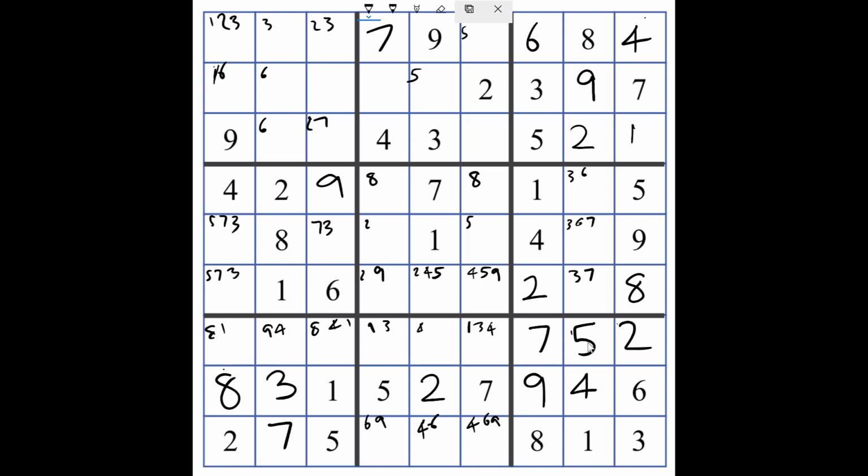I've got the number 5. Number 6 is missing, so that could go here, here, here or here. And I have 7. My number 8 is missing.